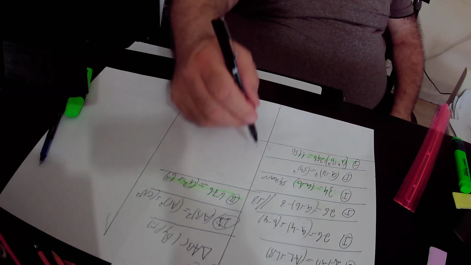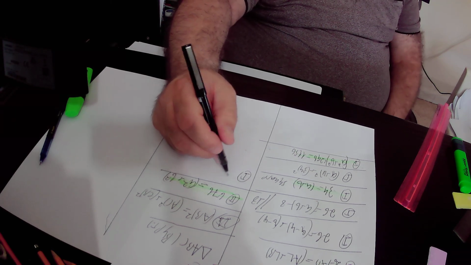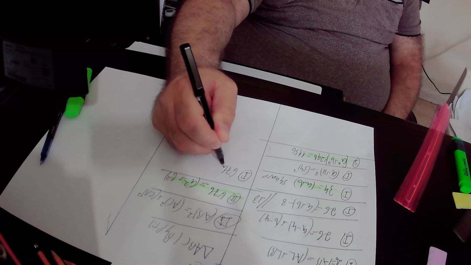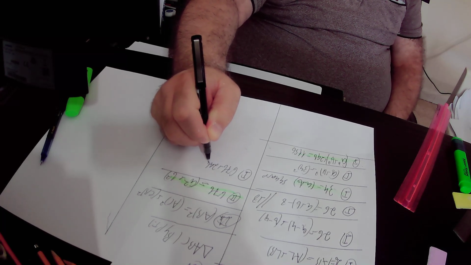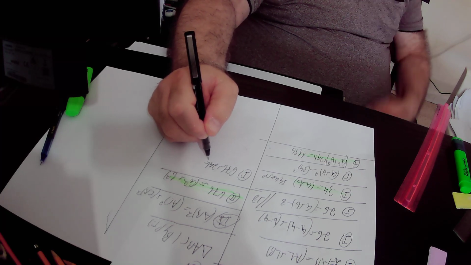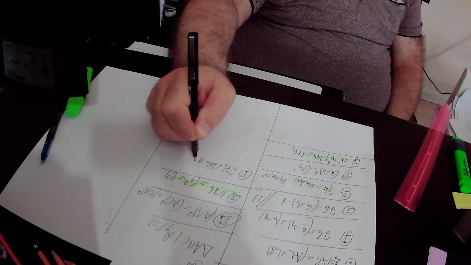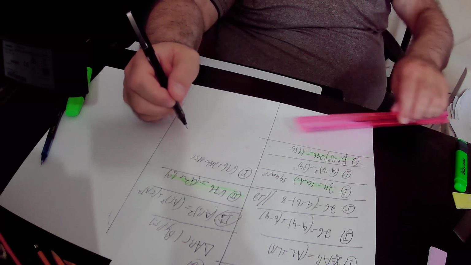So we do it now, and we get that according to equation number 1, A squared plus B squared, that is 676, plus 2 times AB equals 1156. Okay.